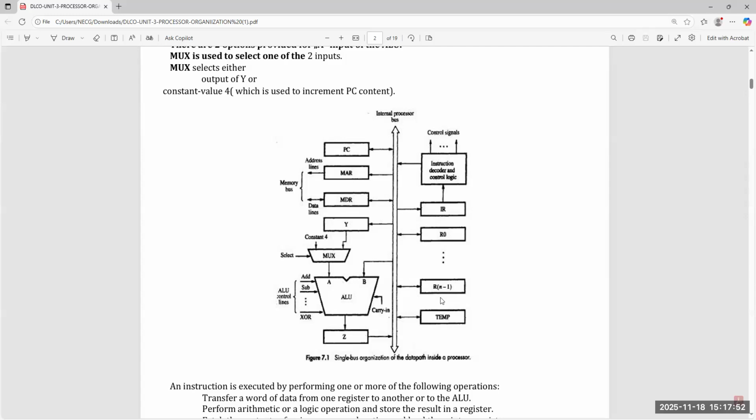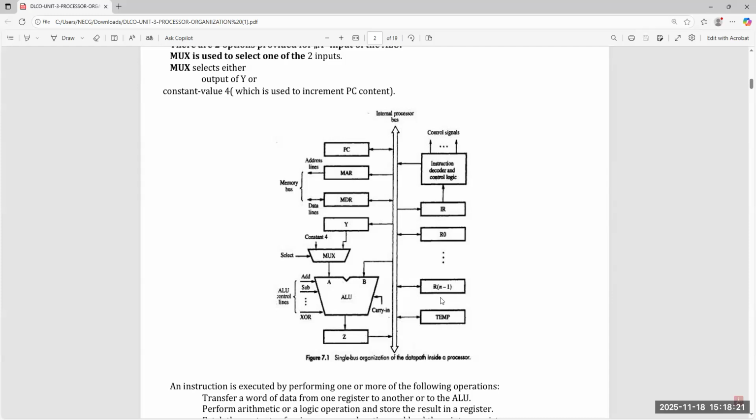The internal processor bus has two sides. One side has PC, which stands for program counter. MAR stands for memory address register. MDR stands for memory data register. Y is a register. MUX is a multiplexer. ALU is the arithmetic logic unit. Z is a register.